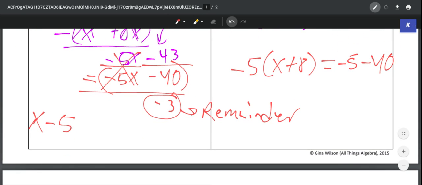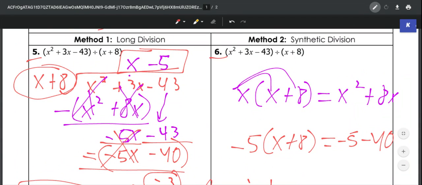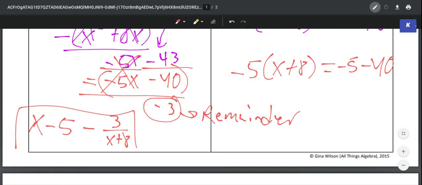So we're going to write the rest of our answer as minus 3 over x plus 8, because this was a minus 3 here. And that is your final answer. So when you have a remainder, you have to put it over what you divided by almost as a fraction. So your answer for number 1, after you do long division, is x minus 5 minus 3 over x plus 8.